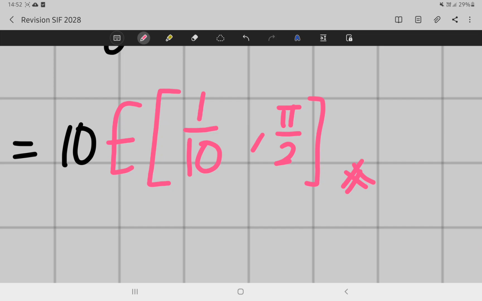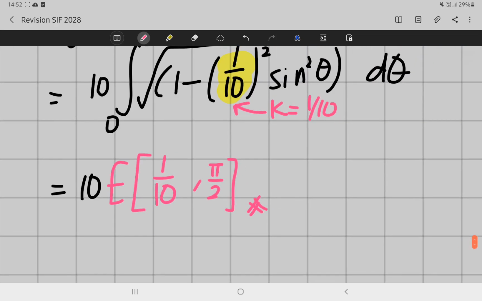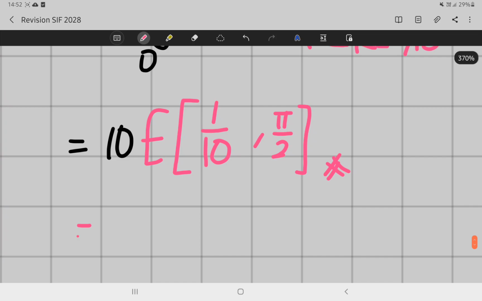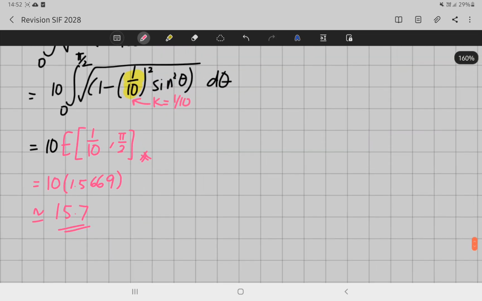So let's go. 1/10, so it is 0.1, so it is 10 times 1.5669, which is about 15.7. Okay, so that's our answer.